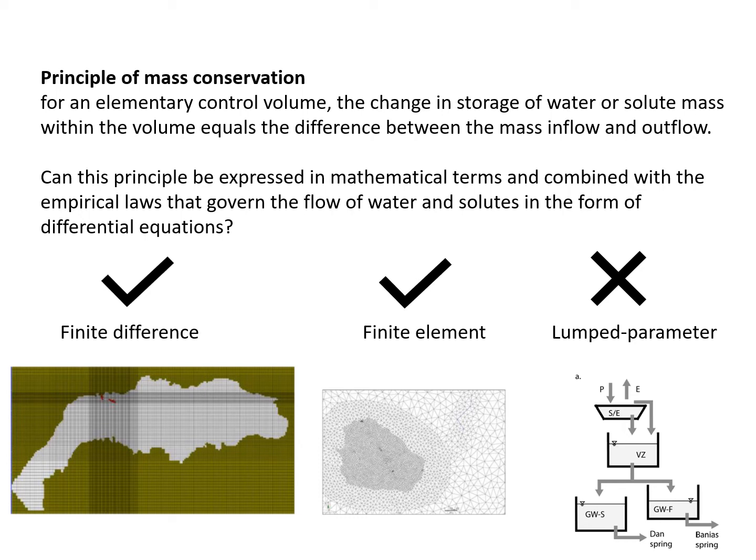So we use a simpler type of model, and a lumped parameter does what the name suggests. It lumps all the equations into a single box or parameter or bucket and treats them as one, and doesn't try to model the fine detail at a finer resolution because we just don't know what it is.